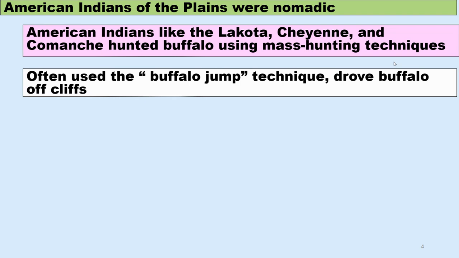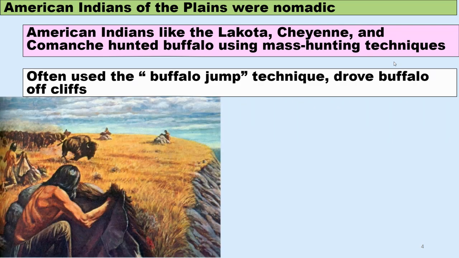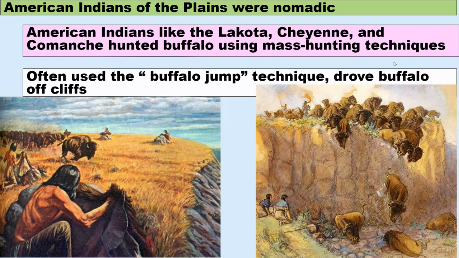And these are called buffalo jumps. What the Plains Indians would do is funnel buffalo to a cliff and then stampede them off of the cliff. Okay. And jobs in American Indian culture were very gender specific. So the men would hunt, and the women, after the buffalo had fallen to their death, would gut them and skin them and deal with the hides.